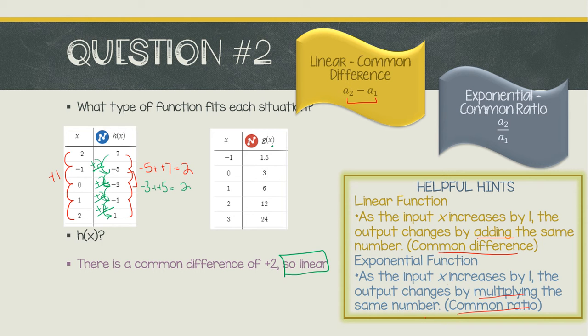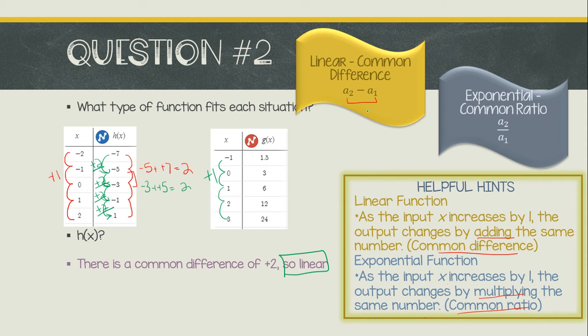Now my second function here, g of x, we might just want to go ahead and assume it's exponential because, well, we just did a linear example, but let's just go show you how we would determine it's not linear. So again, we want to look at those input values, and they are being separated by 1. We're increasing by 1 every time.